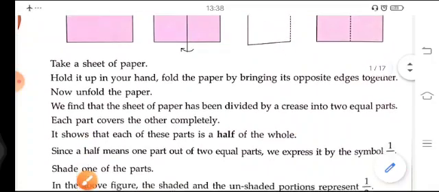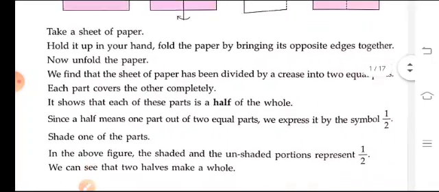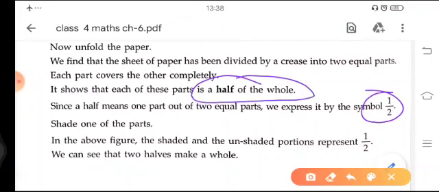So if I say that I had colored a part of this paper, then it means that we are talking about the half of the paper. These two parts are known as the whole, right?